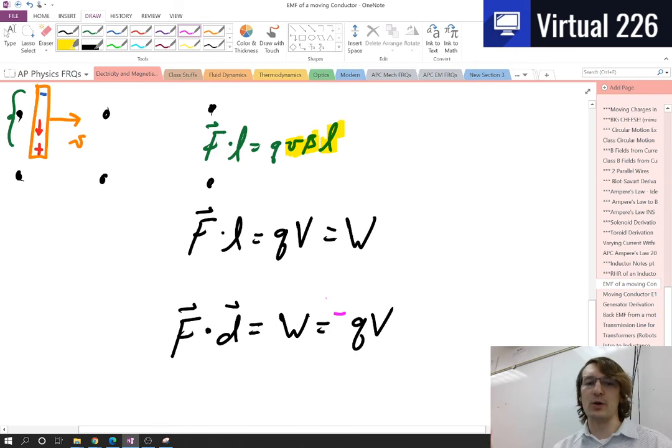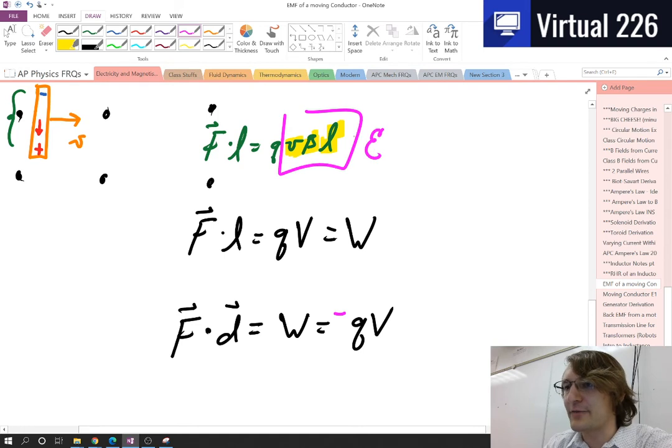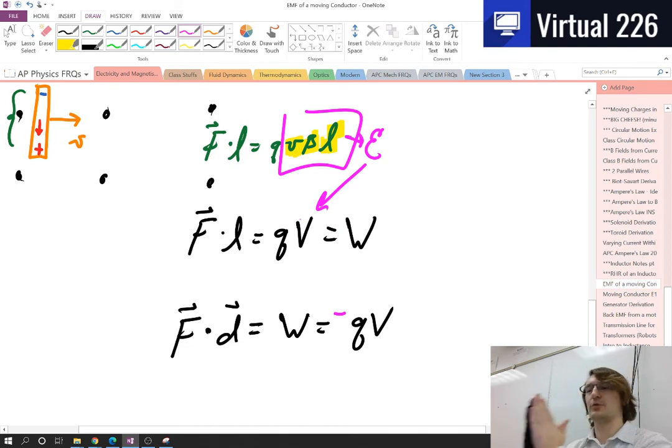So we get all the way back, which is really fascinating. This shows us that even for a moving rod, this is the EMF, which is just a voltage, and we get back a work in the end. It took some work as that rod was moving in the B field to separate those charges in that way.